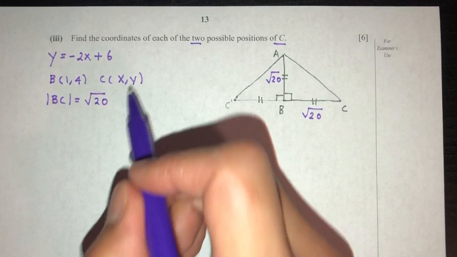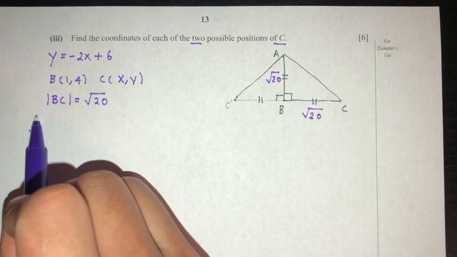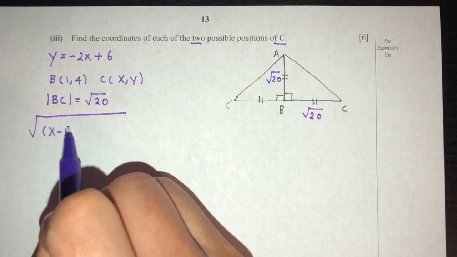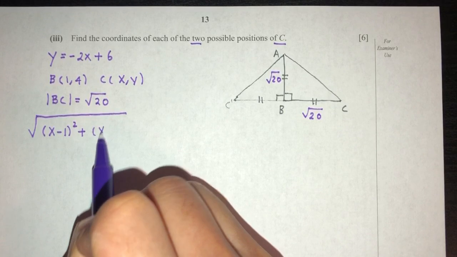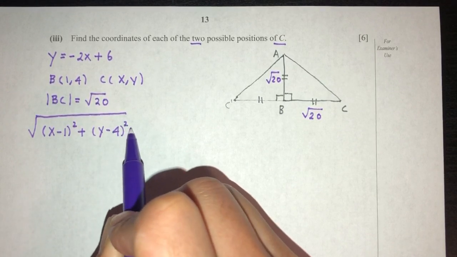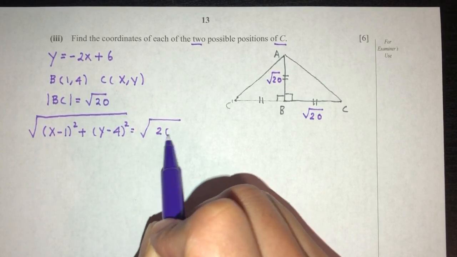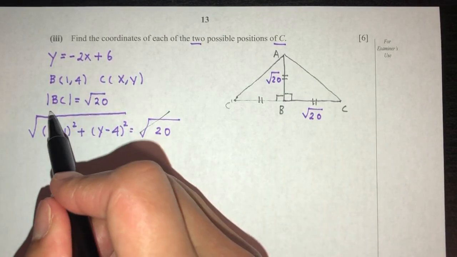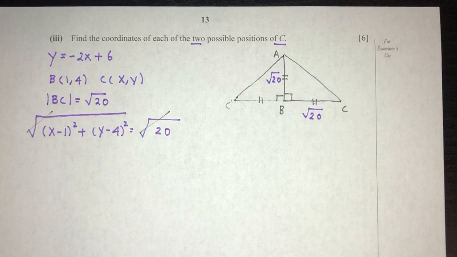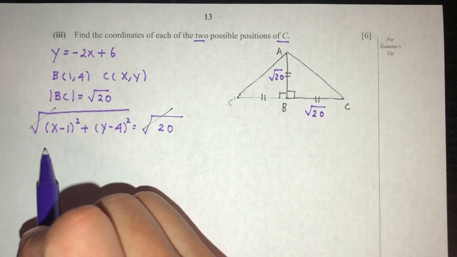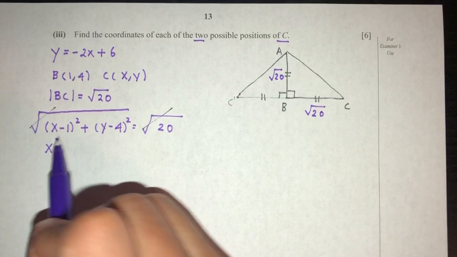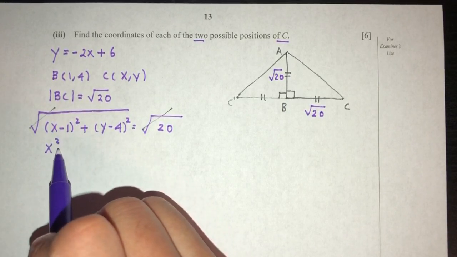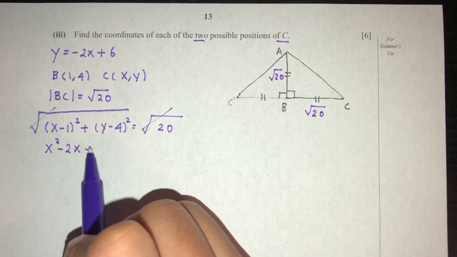So you will do square root of x minus 1 squared plus y minus 4 squared gives you root of 20. So we can cancel out the root value, and then we have to simplify. So they will become x squared minus 2x plus 1.